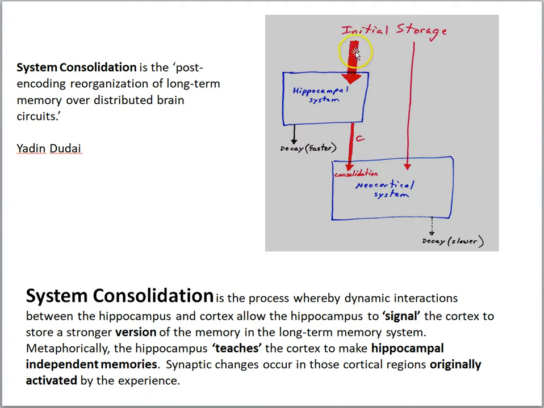So we want to think of this as the transformation of episodic memories into semantic memories. The contents of those learning episodes are going to be stored in the semantic memory system in the cortex. If we can retrieve the details of the learning circumstances, then we will still have episodic memories. But if we forget those, we will at least have semantic memories of the information stored up in the cortex.